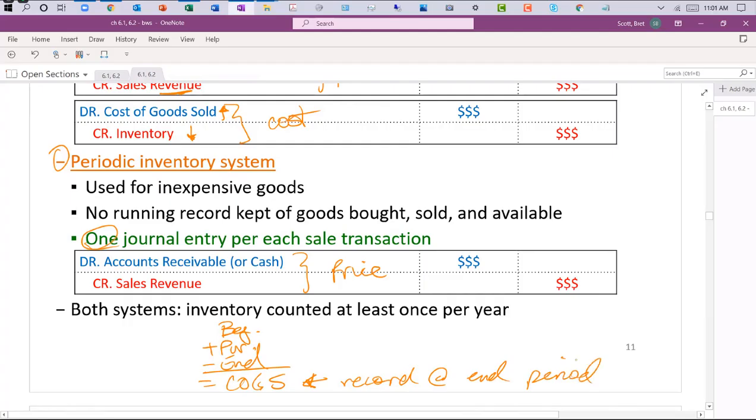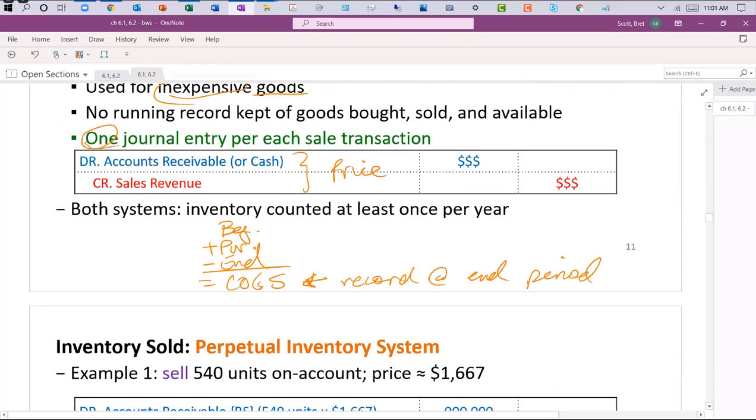So in some cases we don't keep a running total, and usually it's for inexpensive goods like powders, liquids, and gases. Those things are very hard to track on a per unit basis, even if you are able to track them accurately. So usually those things are just figured out as a plug figure.